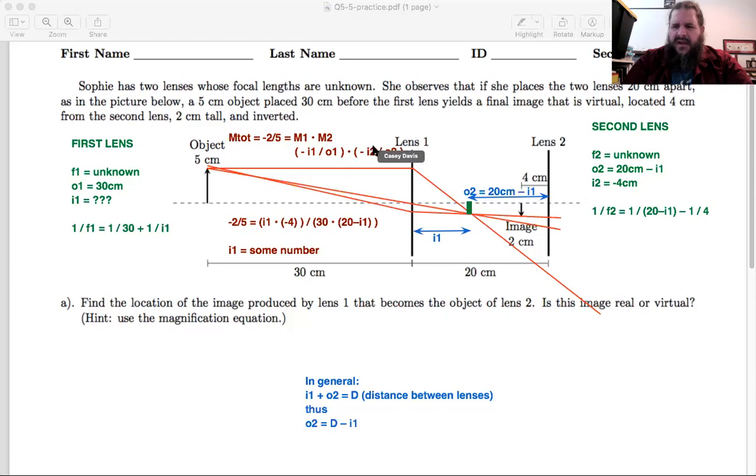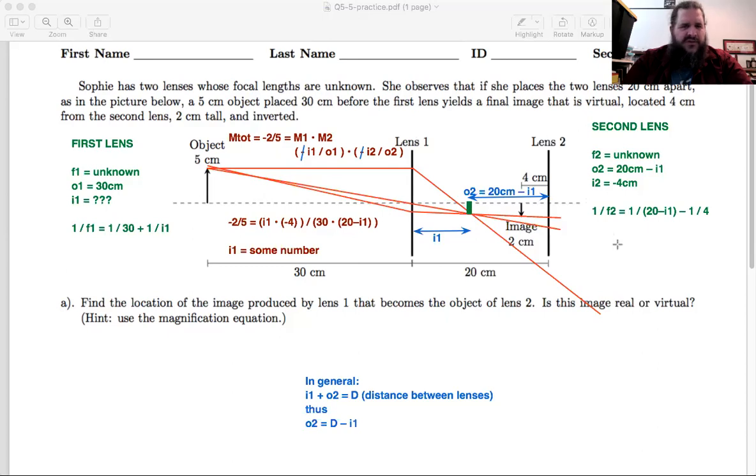I2 is a negative number though. So I2 is negative 4 centimeters. The negatives that are already here cancel out because we've got a negative here and a negative here. So M total is just I1 times I2 over O1 times O2. So solve that for I1, and then you can plug I1 into both of these equations.